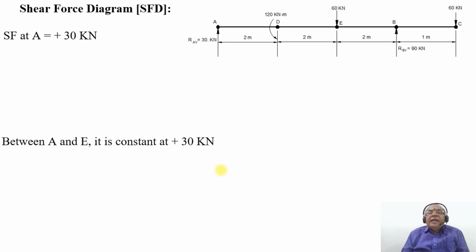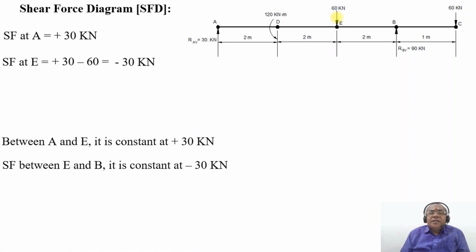Therefore, between A and E, it remains constant at plus 30 kilonewton. Then SF at E will be equal to plus 30 minus 60, so it becomes minus 30 kilonewton at the point E. SF drops from plus 30 to minus 30 kilonewton due to the point load at E.